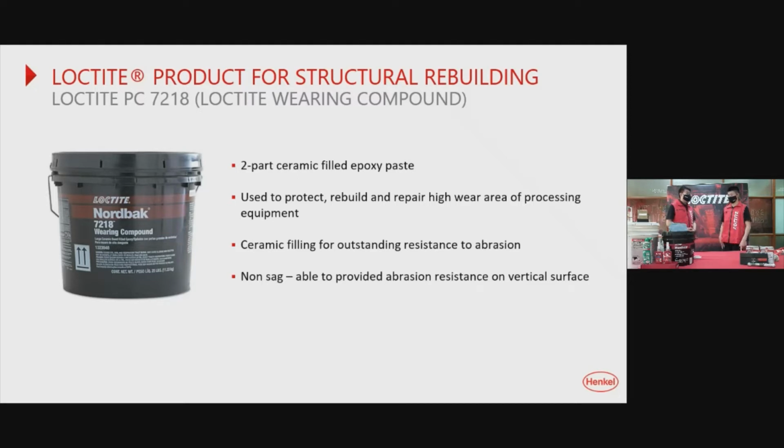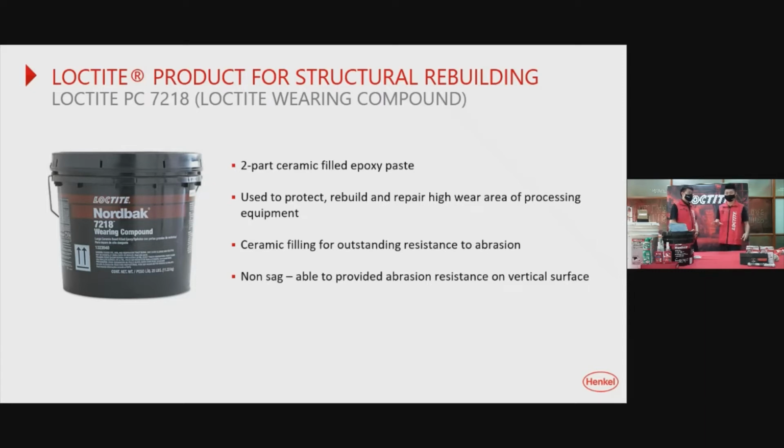Okay, no problem. Like what you said, this LOCTITE PC7218 is what is known as LOCTITE bearing compound. This is a product used for protection, or as a sacrificial layer, for our solid processing equipment, for example a hopper, chute, or some elbow parts. This product is a two-part ceramic filled epoxy.